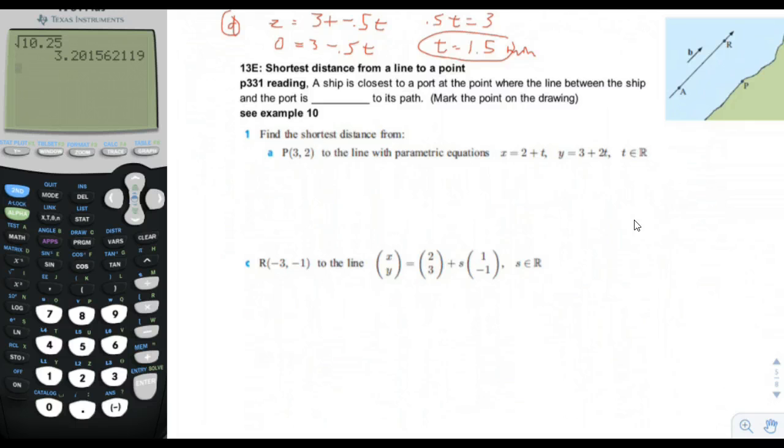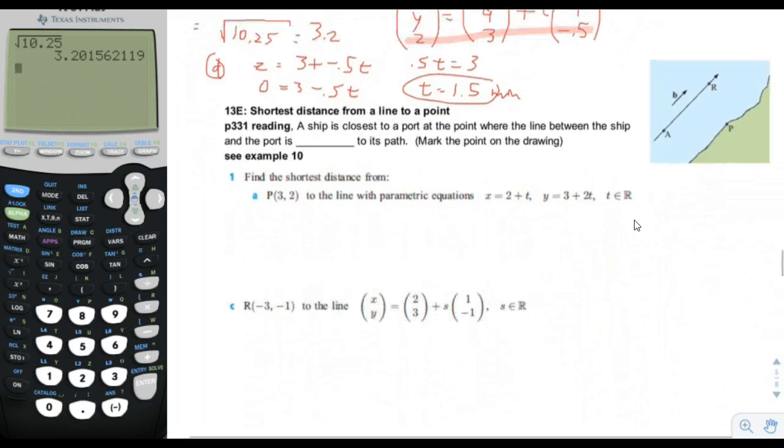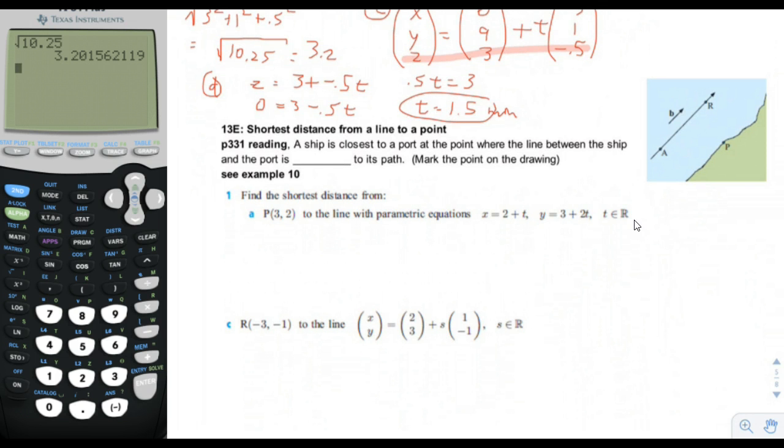13e, shortest distance from a point to a line. Now we need to think back to the Castaway investigation where Tom Hanks, or Chuck, tries to get to the shipping lane, and he's going to go on the shortest path to the shipping lane. So we're going to try to figure out the shortest path from this point to that path, and of course it's going to be the perpendicular to it.